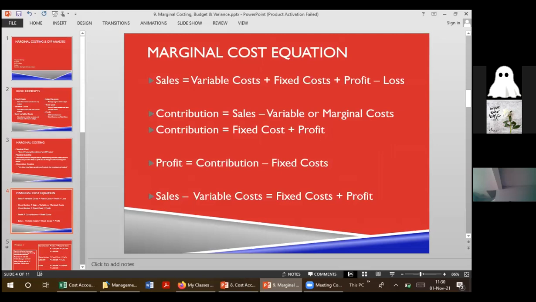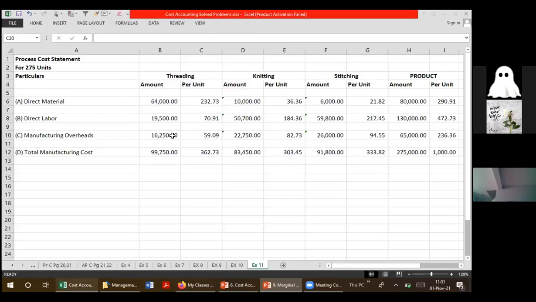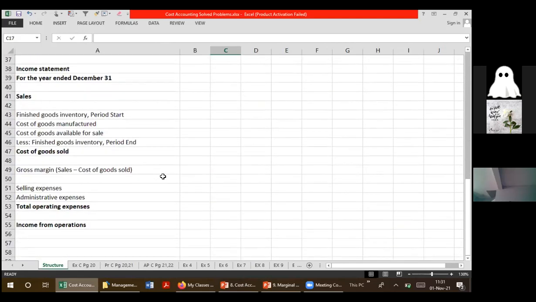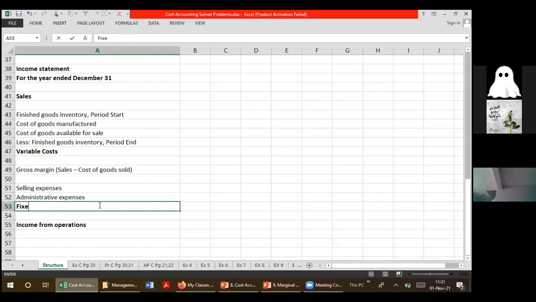That is our profit. So let's look at the structure here. This is our income statement structure, right? Normally we have sales, cost of goods sold, and income from operations. The only difference now is that here we will have variable cost, and here we will have fixed cost.